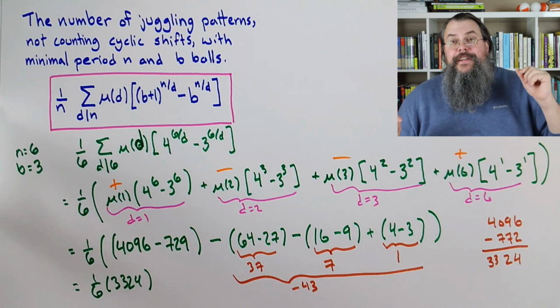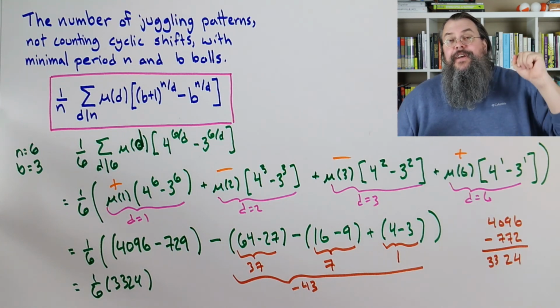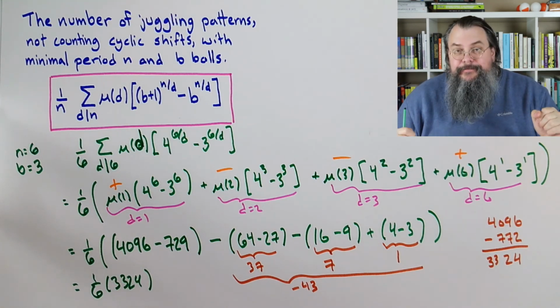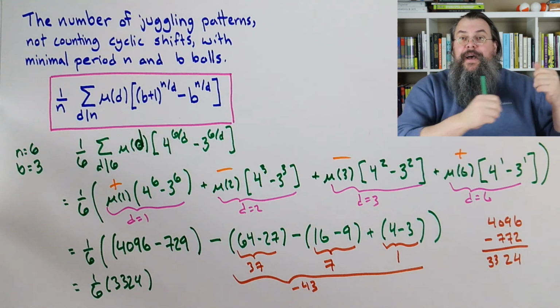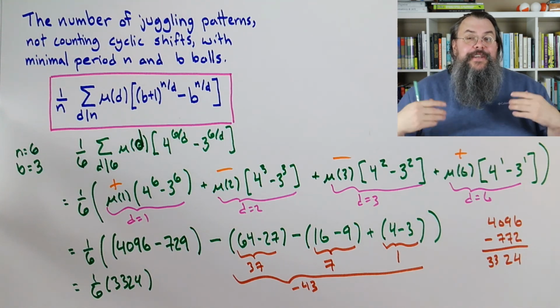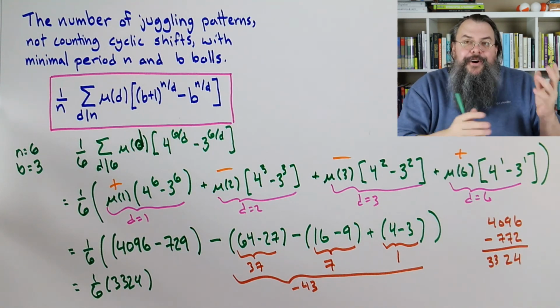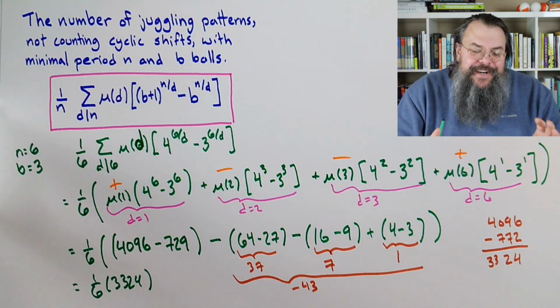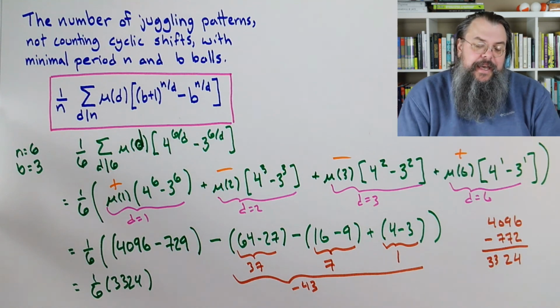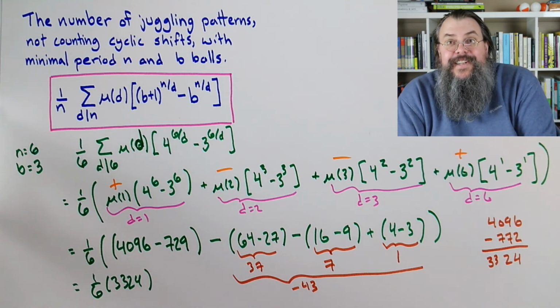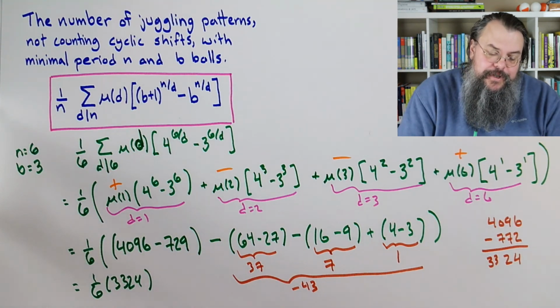If at this point it's not a whole number, that means mistakes were made, which is quite possible, especially when you do things by hand. And if mistakes were made, what do you do? You go back and you check your work. You don't keep saying, well, all right, whatever. No, check your work. All right, so does 6 divide 3,324? And the answer is, fortunately, yes, it does, which is good news.